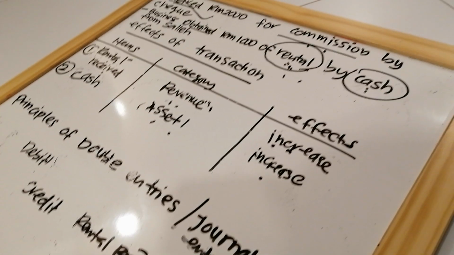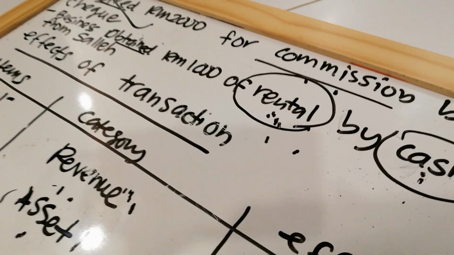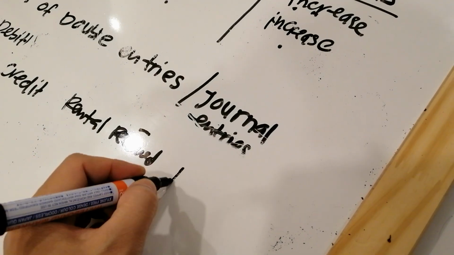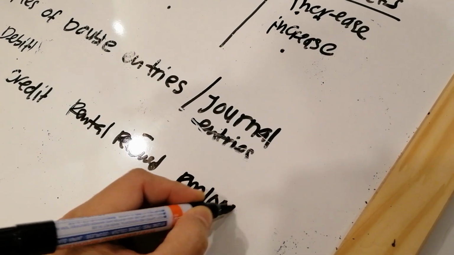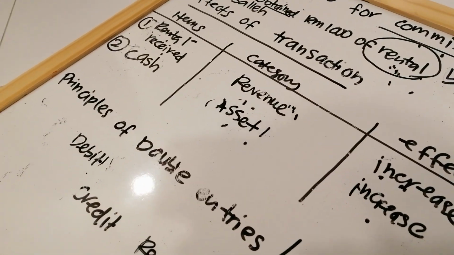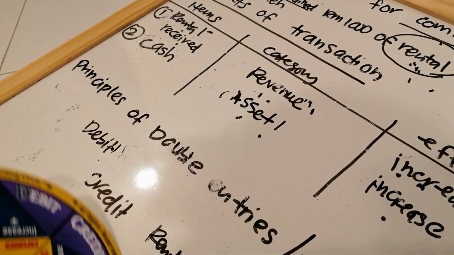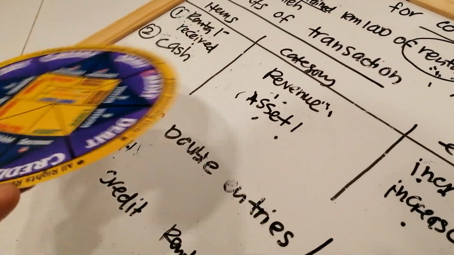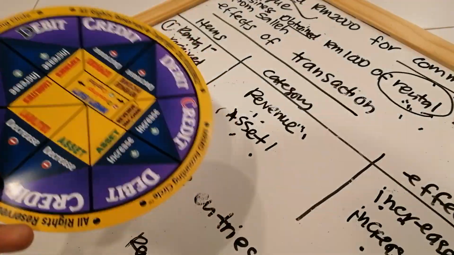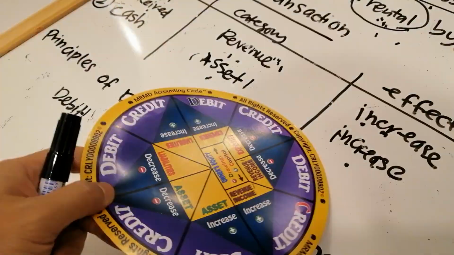Okay, rental receive, how much are the figures here? 1,000 ringgit. So you put here 1,000 ringgit. Okay, so what's the debit here? If this one you can already predict. Okay, if you already know the credit, the debit is easy. If you are not sure, you can always check from this circle. Cash asset increase.